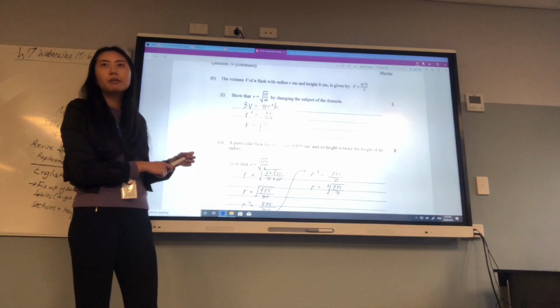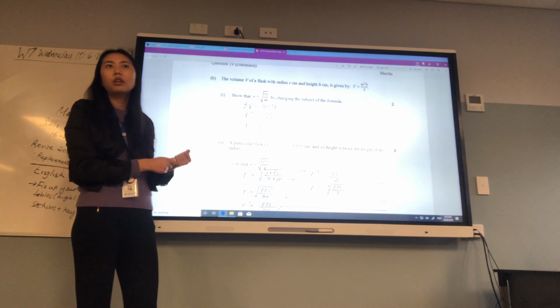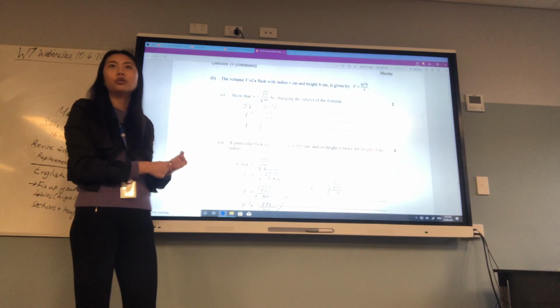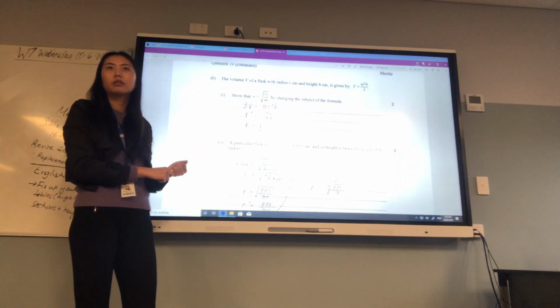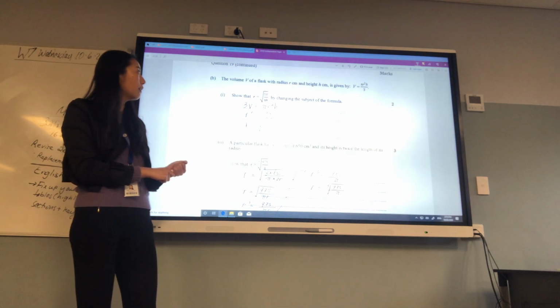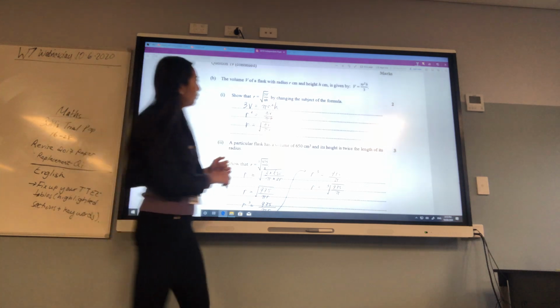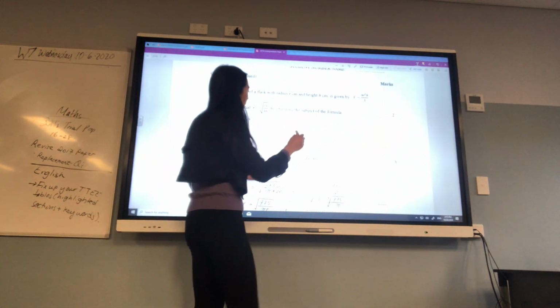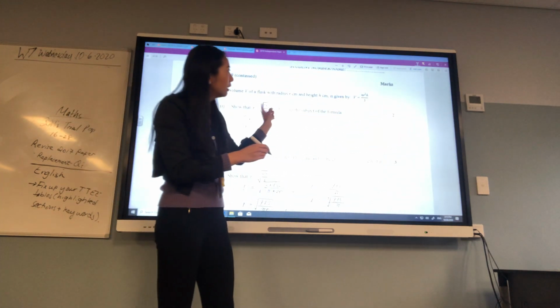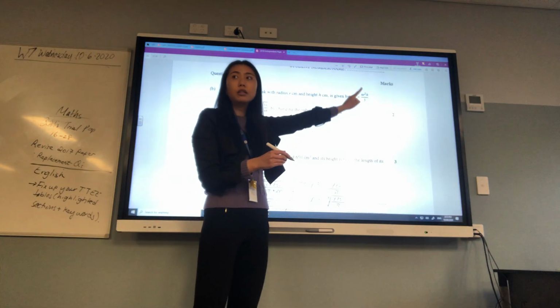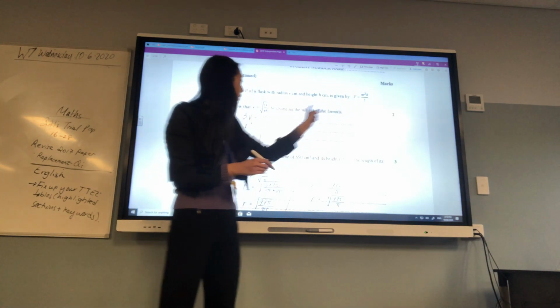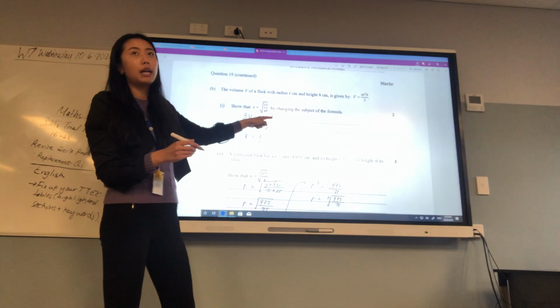Do you know how to change the subject? If you have a surd, what's the first thing you've got to do to both sides of the equation? You've got to square everything, right? Square both sides. Oh wait, so you're going from this to that. You should first, because it's a fraction, times both sides by 3. So you get 3b equals pi r squared h.